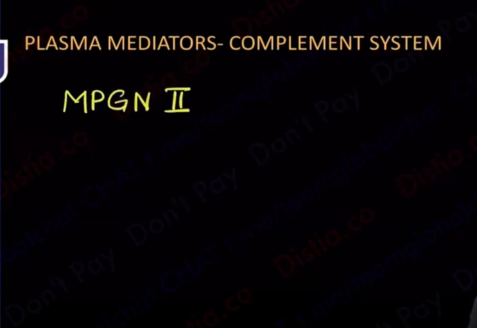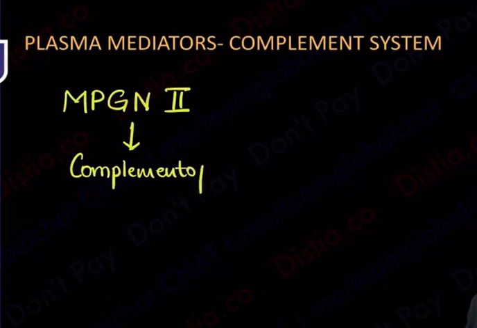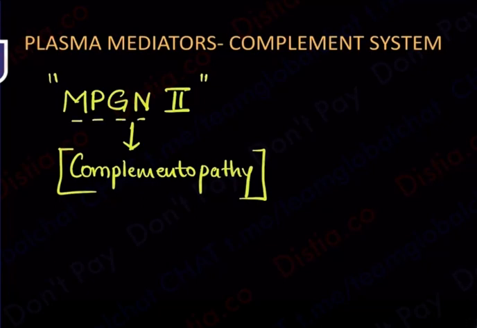MPGN type 2 is now said to be a complementopathy. It is said to be a complementopathy, means there is a problem in the complement system. What is MPGN? It's a disease in the kidney, membranoproliferative glomerulonephropathy. Membranoproliferative glomerulonephropathy is a defect in the kidney. So right now just know it's something to do with complement system, okay?